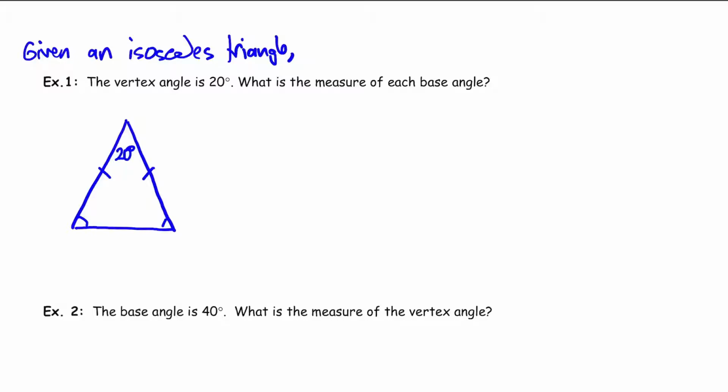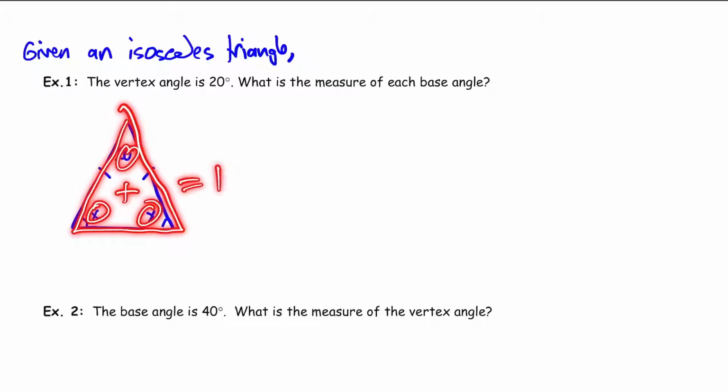Now, what we need to remember is that these are going to be equal. So if I don't know what this one is and I put an x here, I also have to put an x there. And I'm probably going to have you guys set up the equation very similarly for all of these examples. I want you to recall that in a triangle, the three angles add up to 180. So this angle plus that angle equal 180.